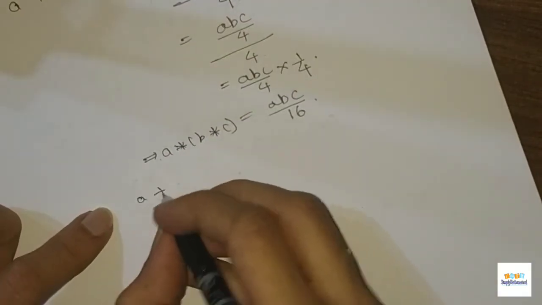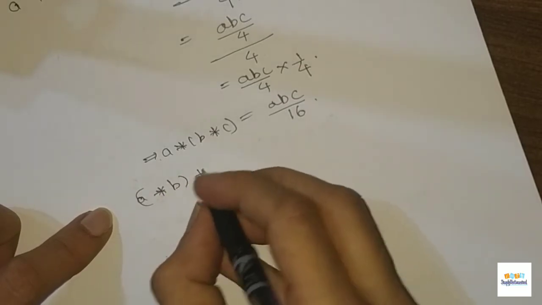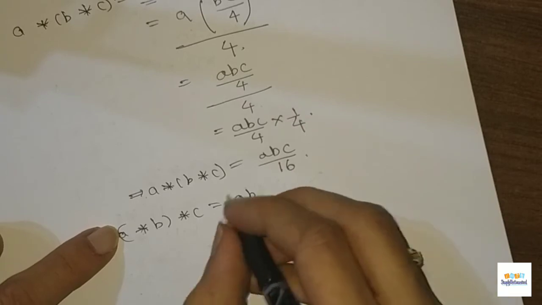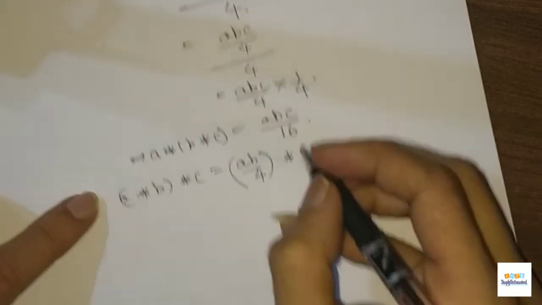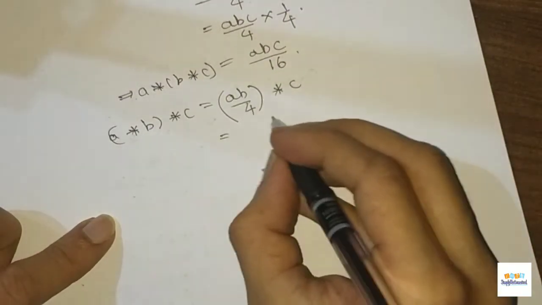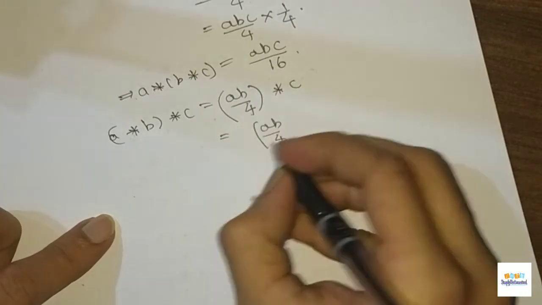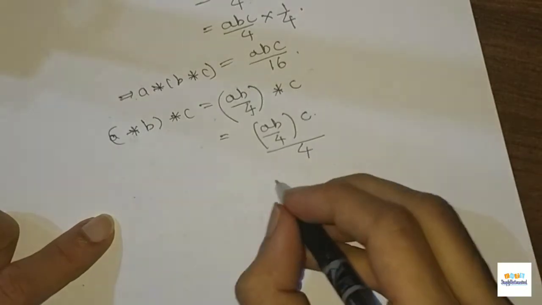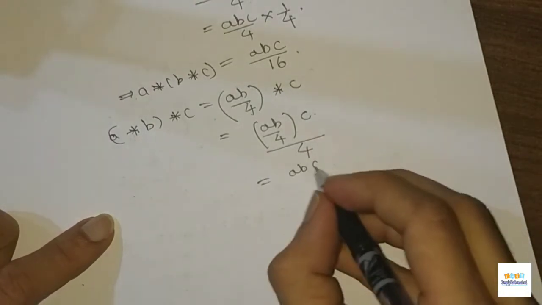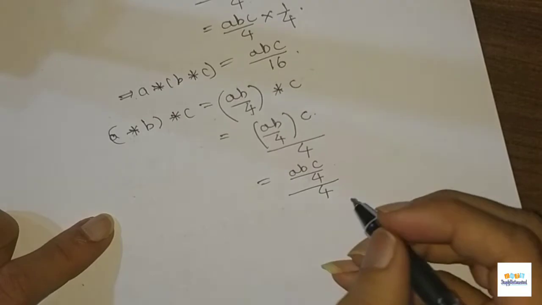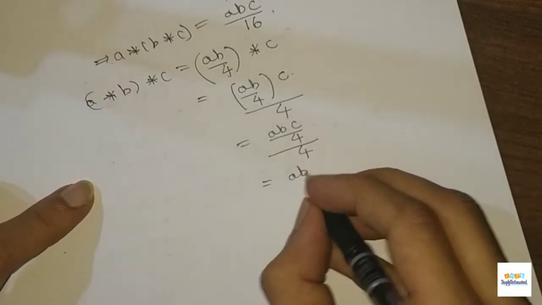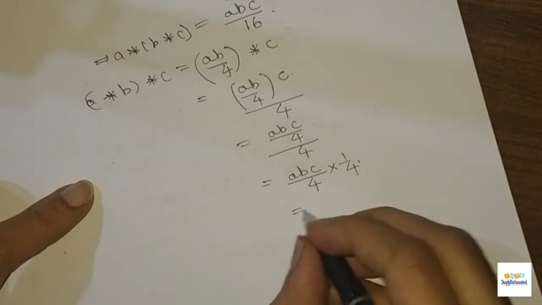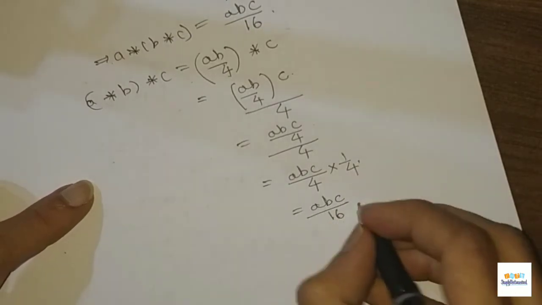Now what about bracket a star b bracket star c? Let us check. a star b is ab by 4, star c. Now the first quantity, that is ab by 4, multiplied by the second quantity, that is c, divided by 4, which is nothing but abc by 4 divided by 4, which is abc divided by 4 multiplied by 1 by 4, which is abc divided by 16.